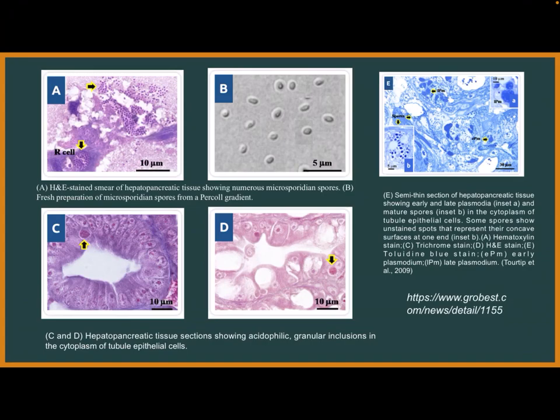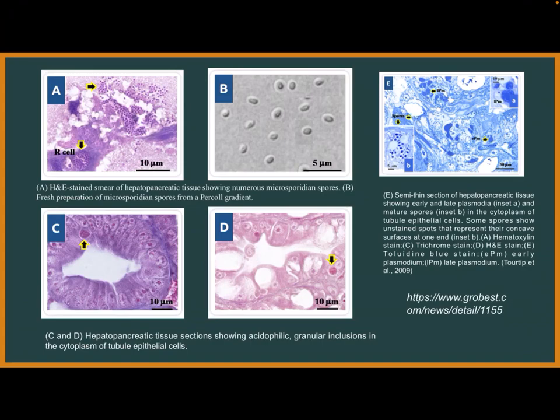In image B, a fresh preparation of microsporidian spores from a Percoll gradient can be seen. While in images C and D, a hepatopancreatic tissue section shows acidophilic granular inclusions in the cytoplasm of tubule epithelial cells.